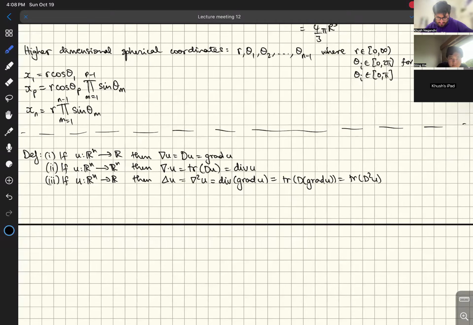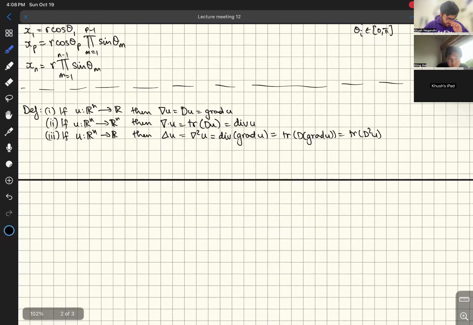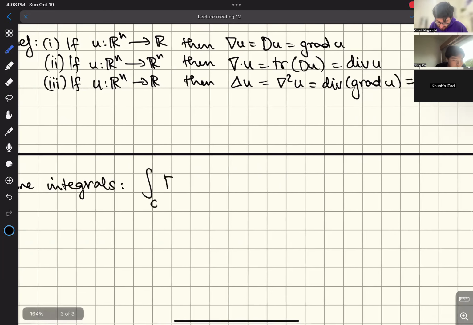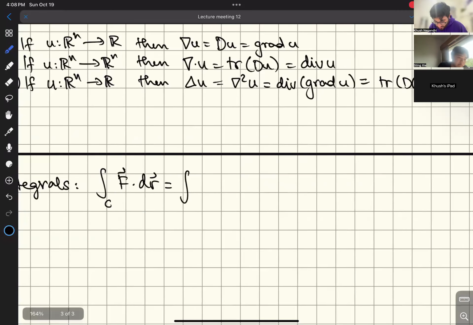Okay. So now we can look at the integrals. So we have line integrals. They were like the integral over c of f dot dr. And then we wrote them using these things.